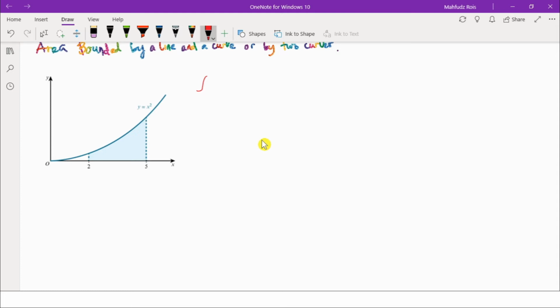Look, this one is from 2 until 5, so just 2 until 5, and then y equals x squared, the curve. So just write x squared dx like this.